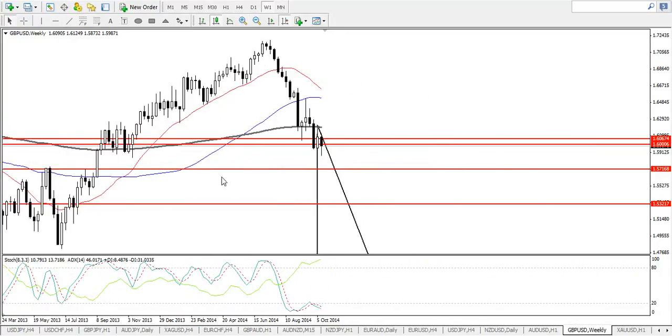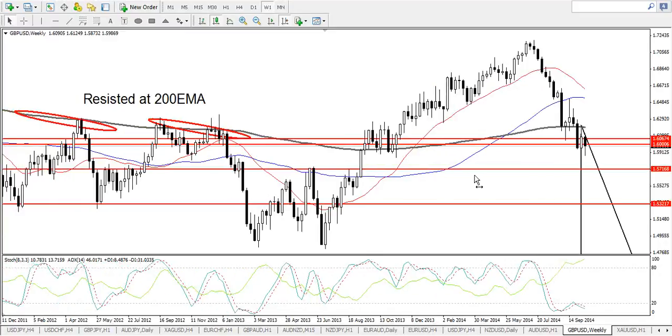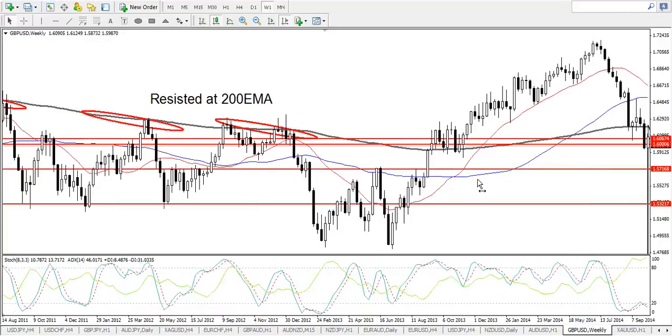Price has also closed below the sentiment price of 1.6 thousand. Therefore we might be able to see a further retrace, a further downside for the pound against the US dollar.